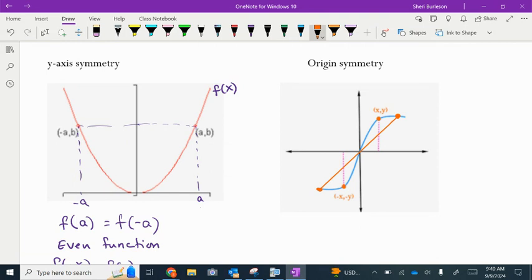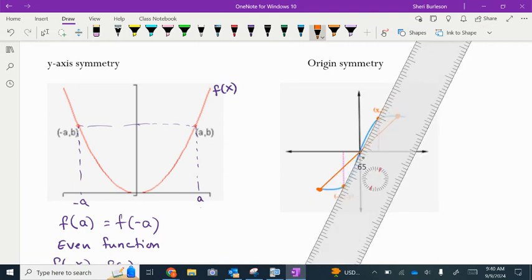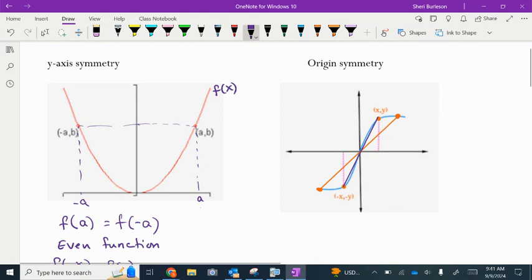Okay? If I do that for this one, I should also see that that is the case. Oh, I should not do blue. Through the origin, out the same distance, I hit the point on the line. Okay?